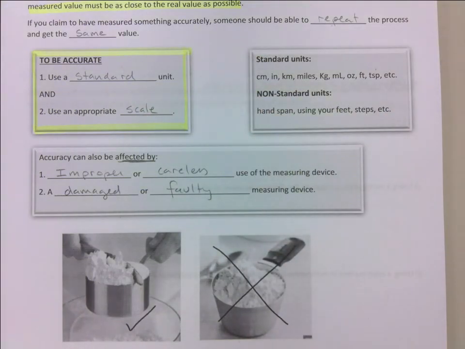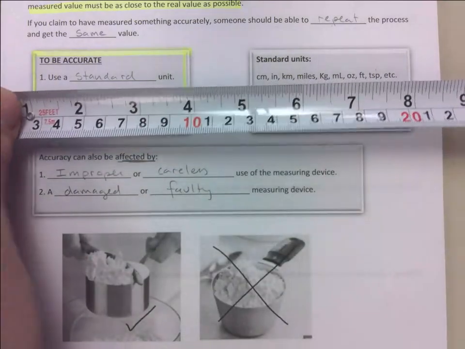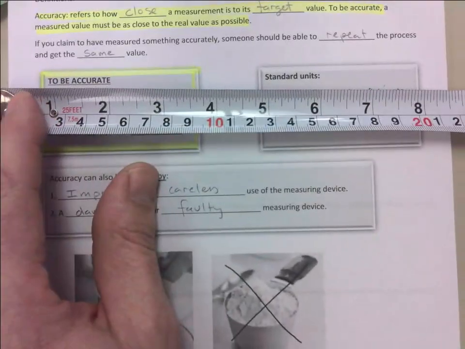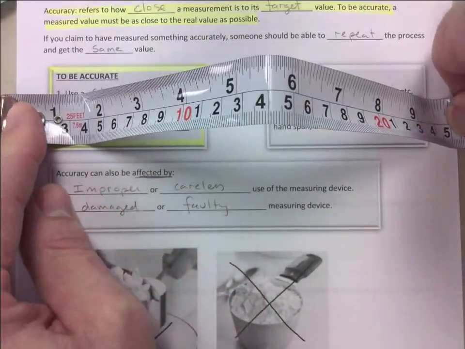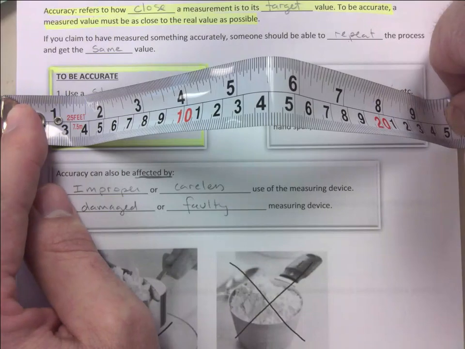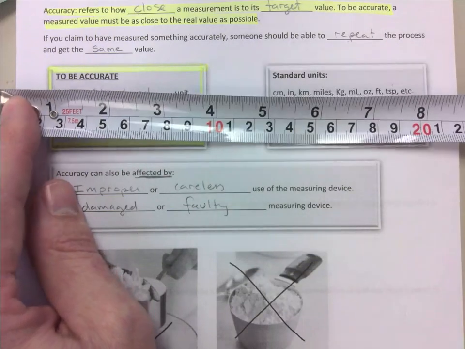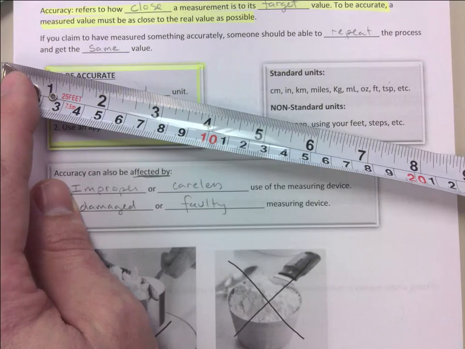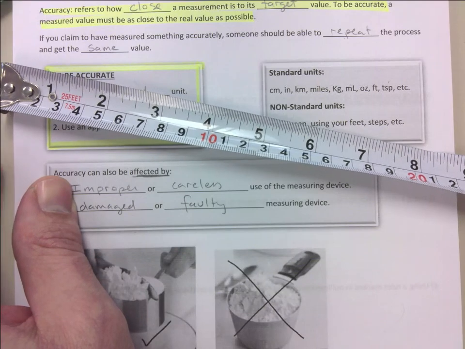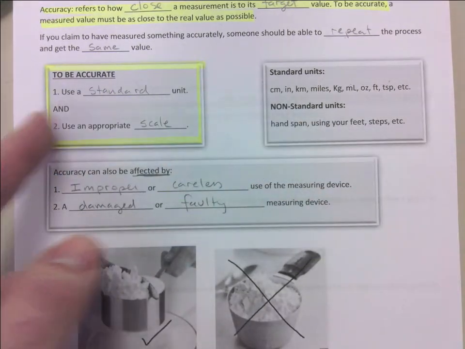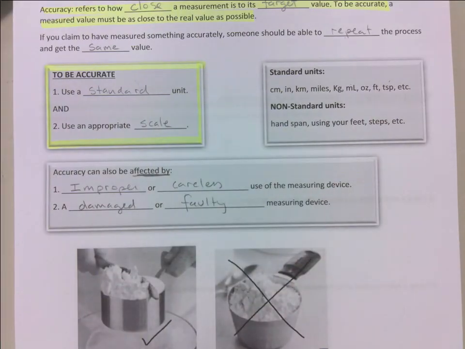affecting your accuracy. So for example, if I measure this piece of paper and I do this, watch, right? Obviously we're not going to get the right measurement, right? If I don't measure on a straight line, if I measure at an angle, it's also not going to be the accurate measurement, right? It's not going to be close to the target. We know that this is supposed to be 8.5 inches. A piece of paper is 8.5 side to side, right? So that's that.